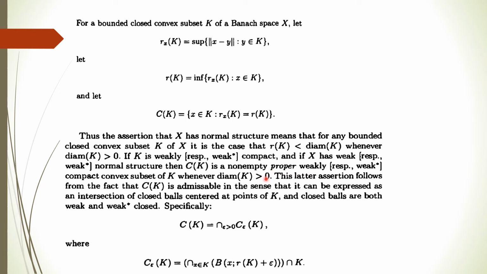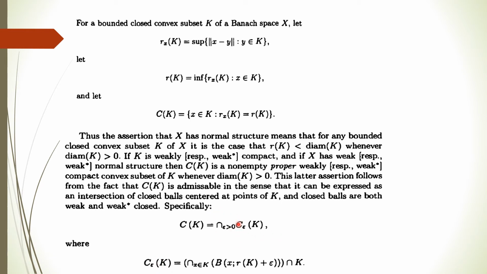In fact, this C(K) is admissible, that is, it can be represented as the intersection of closed balls centered at the points of K, right? So what is this C(K)? It is the intersection of C_epsilon(K), where epsilon is greater than 0.